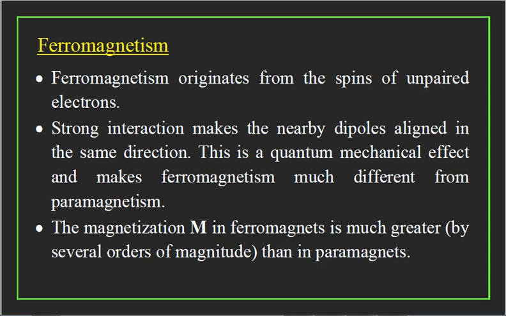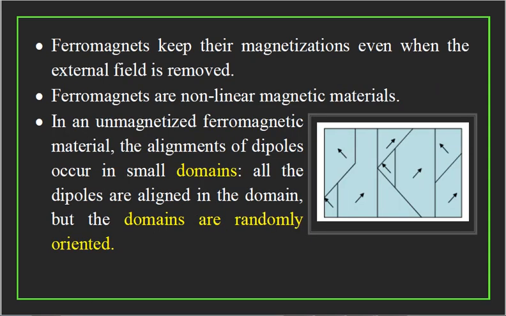Another difference is that the magnetization in a ferromagnet is much greater than that in paramagnets, because the susceptibility of a paramagnetic material is typically 10 raised to minus 3 or 10 raised to minus 4, whereas the susceptibility of a ferromagnetic material is 10 raised to plus 3. It is several orders of magnitude greater than that of a paramagnetic material.